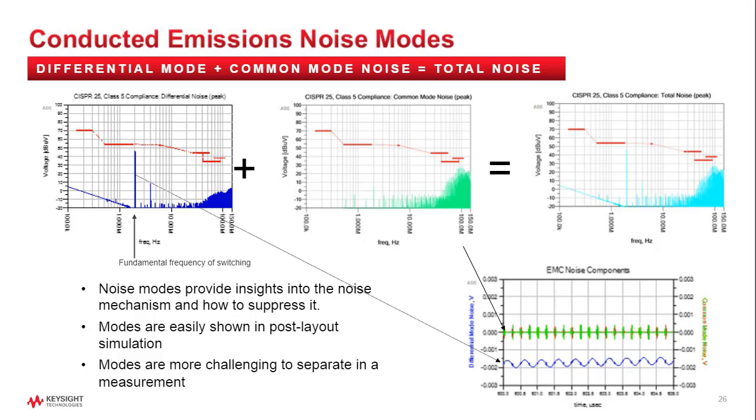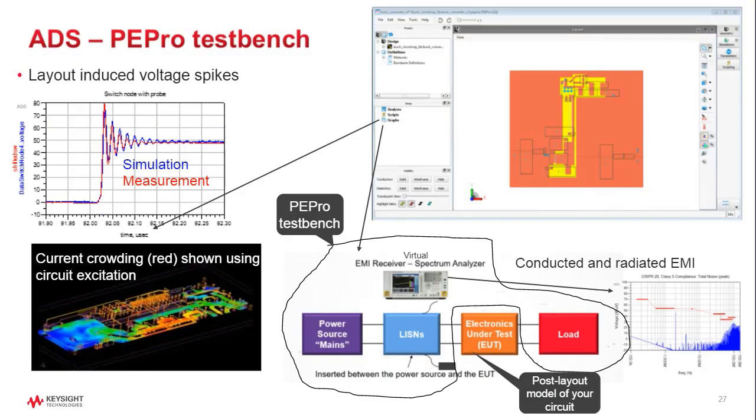In the common mode noise spectrum in the middle, the green, that fundamental isn't there, but you have significantly higher high frequency content. If you look at the very far right, the composite noise, you'd never be able to separate that. They all look the same. So separating this in the simulation environment is convenient and very helpful as you decide what approaches to take to resolve the issues. So this is our first look at the test bench.